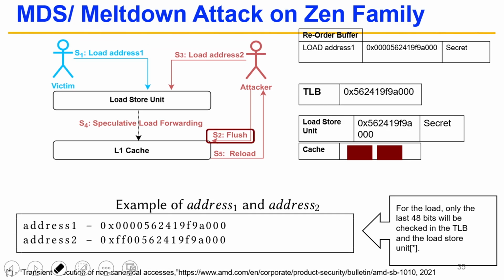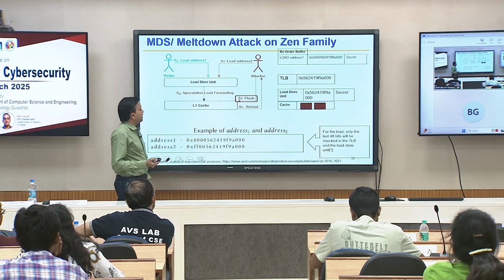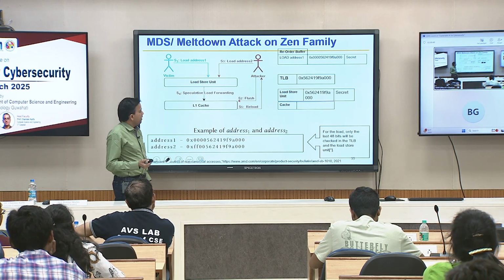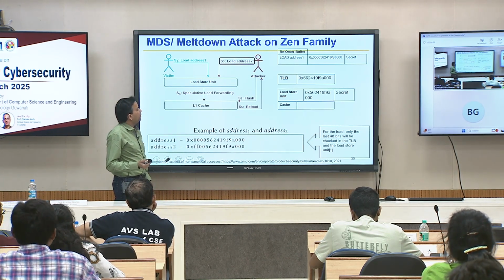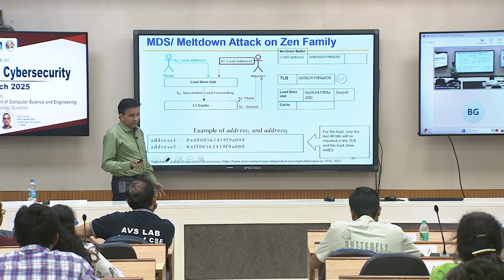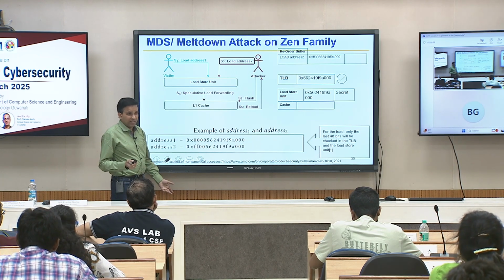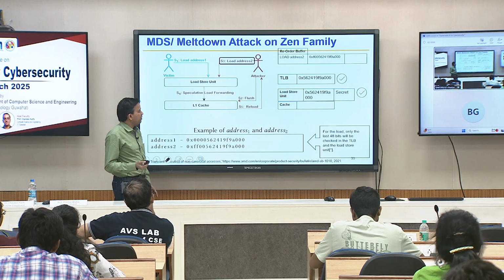This blue color is the victim, and this brown or maroon color is the attacker. Now the attacker needs to come in and flush the cache. The cache is clean, and at that point the attacker loads the address and gets a TLB hit, since that page has already been brought to main memory, not in the cache, but in the main memory.